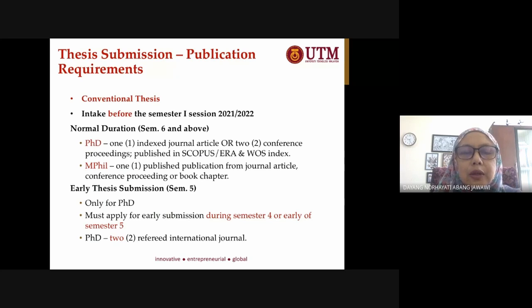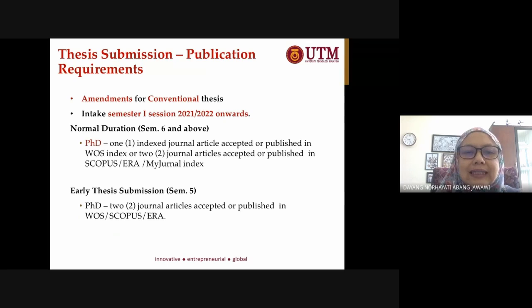All right, when we talk about productivity, we want to achieve something. Students must be aware of the publication requirements before they can submit the thesis. In UTM, students who had their intake before this semester have different requirements to submit a thesis compared to students who registered this semester.